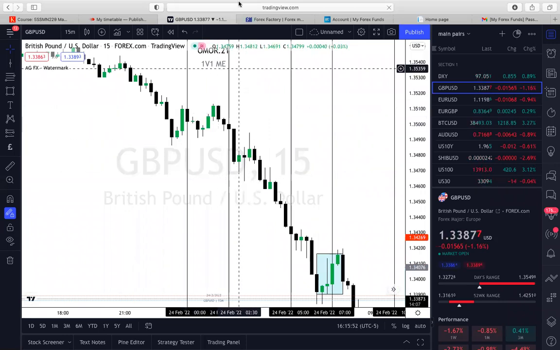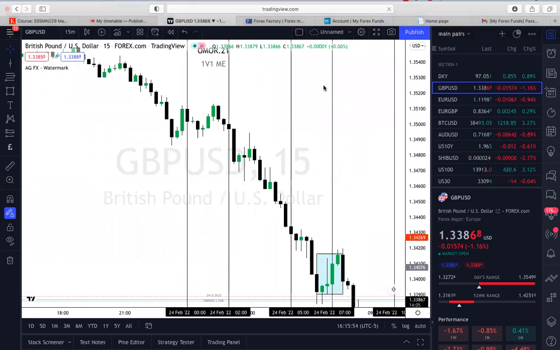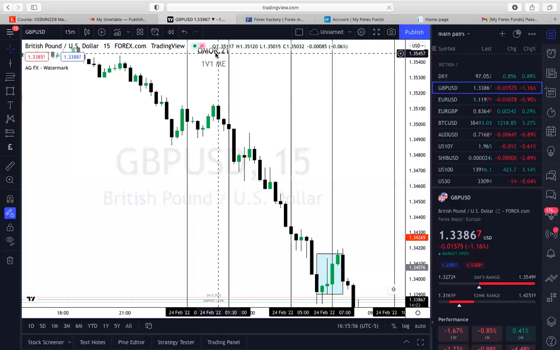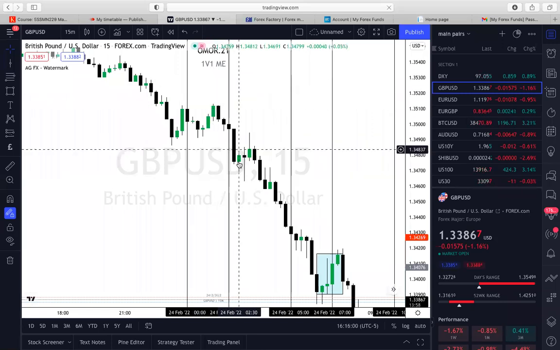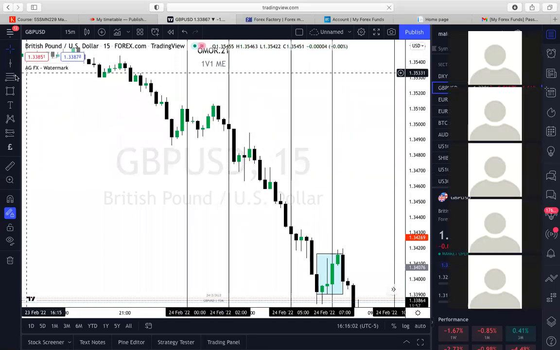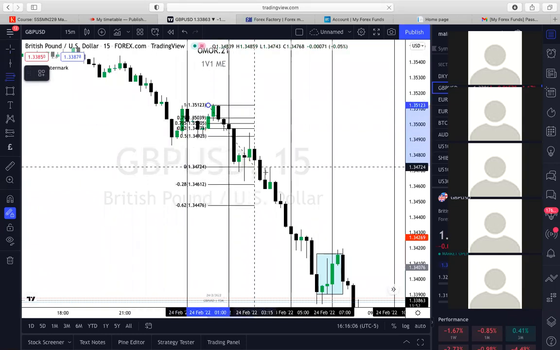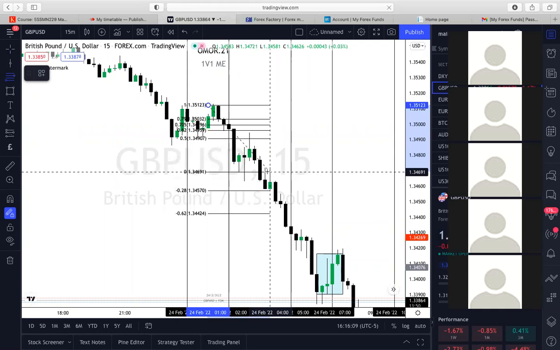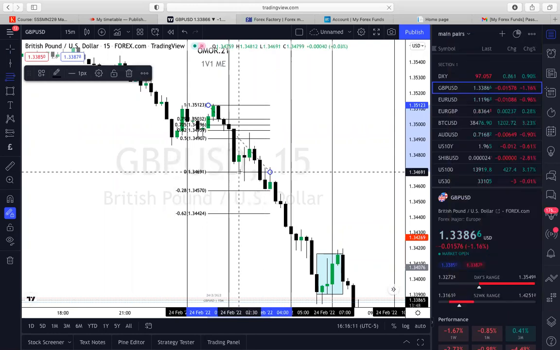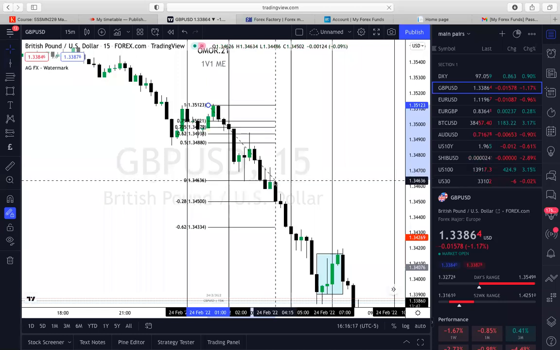Then we see price going lower. So this is a good example to use. When this happened, you see at the start we have this low in it, and then the next candle goes lower. When that candle goes lower, you want to put your fib to the candle that's lower.